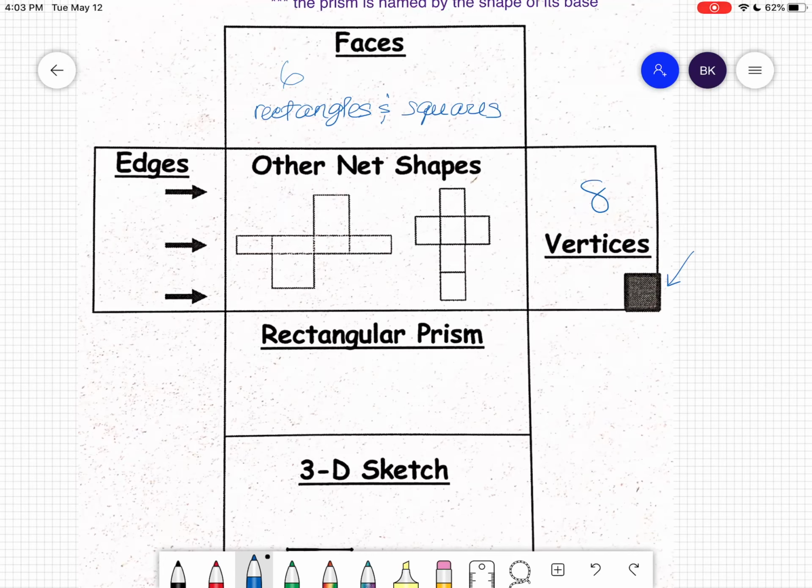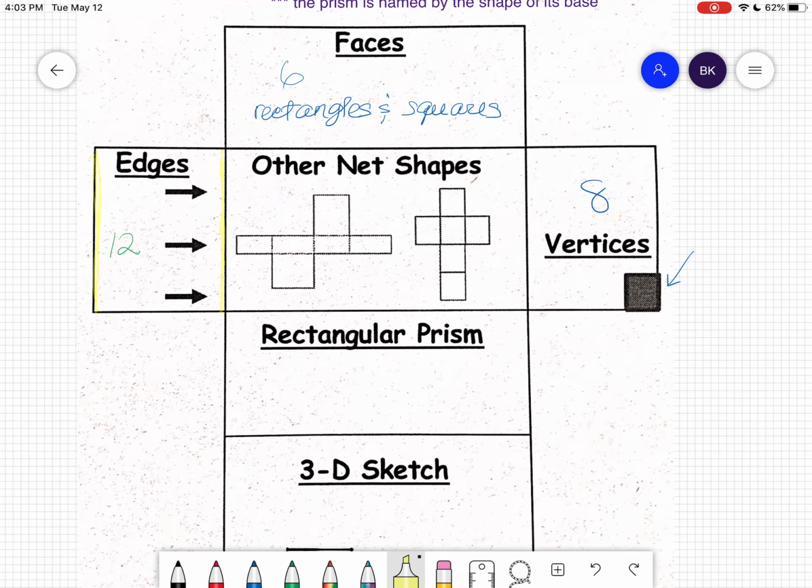Vertices are basically where 2 edges meet, okay? And the edges, let's see, how many edges do we have? We have 12 edges on this, and I'm going to highlight what the edge is. This is the edge, right? This is the edge.